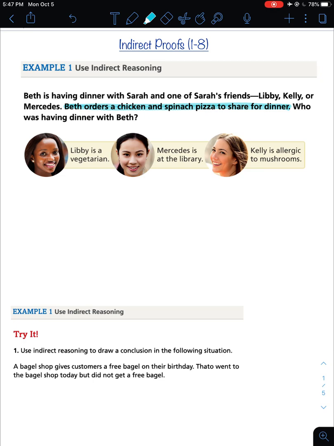Libby is a vegetarian. Beth ordered chicken and spinach pizza. Vegetarians don't eat chicken, so we can assume it's not Libby.